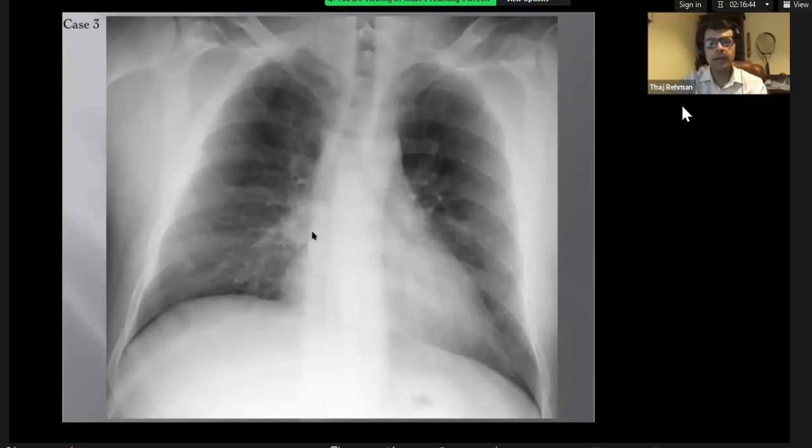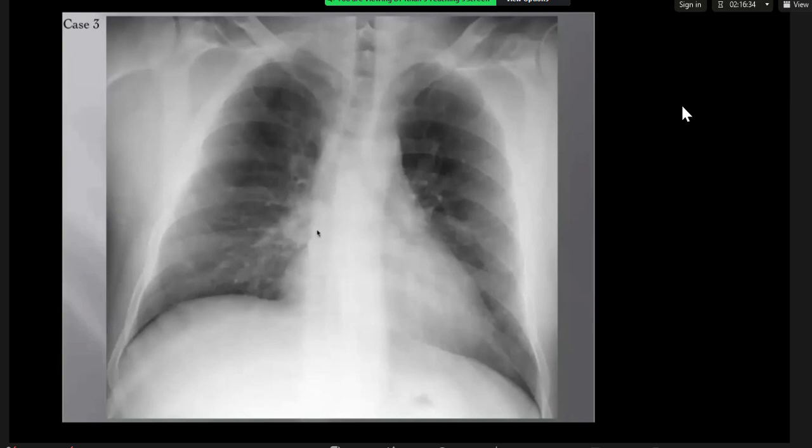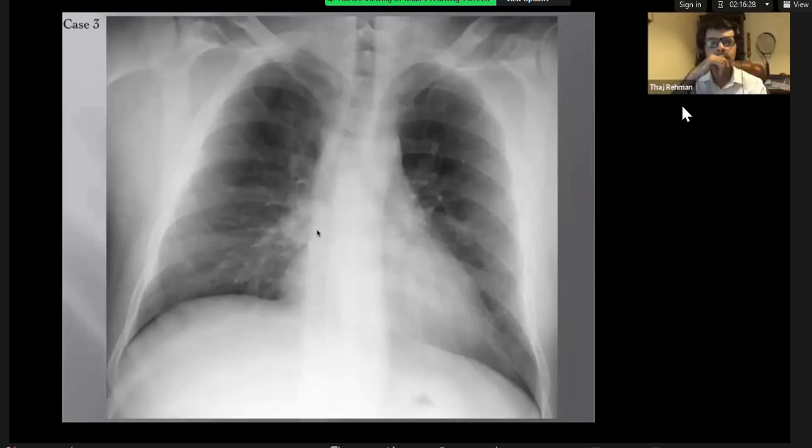So that makes this what then? What's the differential in this scenario with hilum overlay sign positive? So does that bring into account anterior mediastinal masses? Right. Okay. That's very good. You're thinking it out. That's what I want.